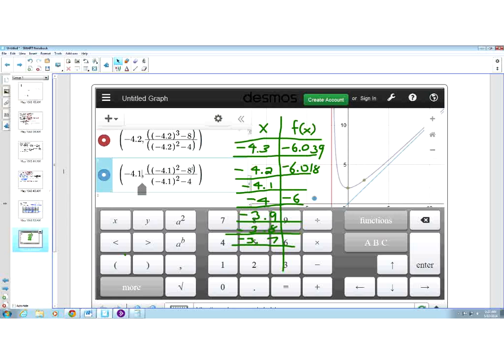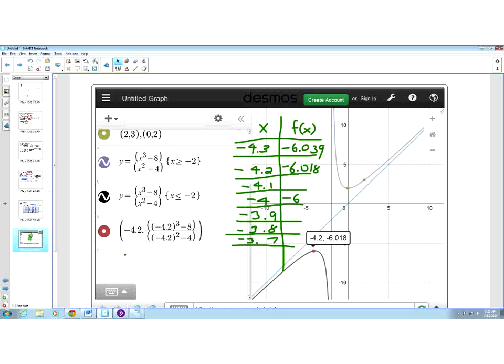Well, let me try it again. Let me delete this and erase this dot here. It's getting in the way.